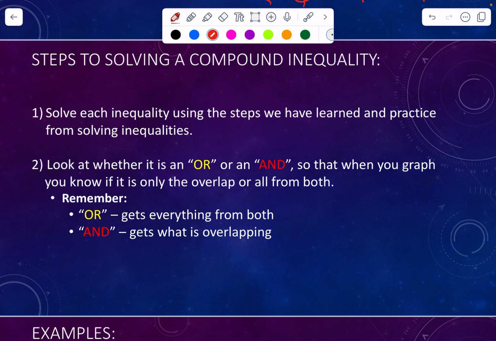Remember, an or statement gets everything from both. An and statement only gets what's overlapping, because an or statement means that you can make either inequality true, where with an and statement, you have to make both inequalities true.